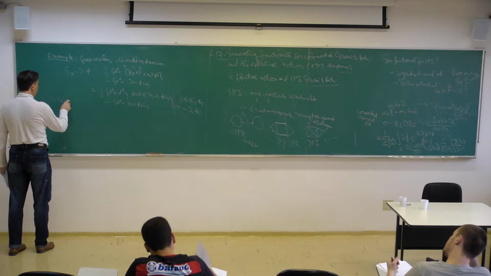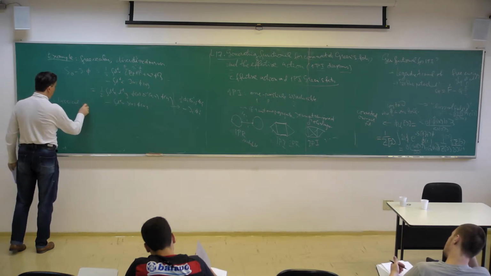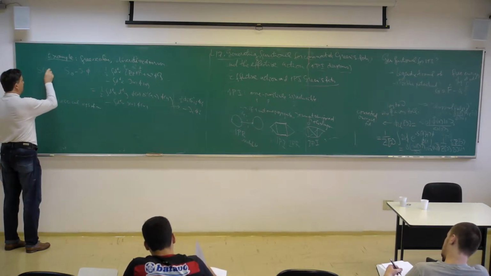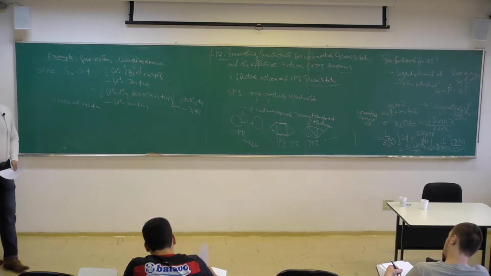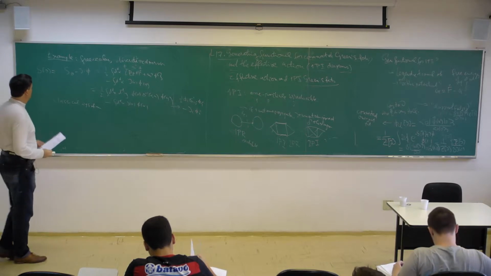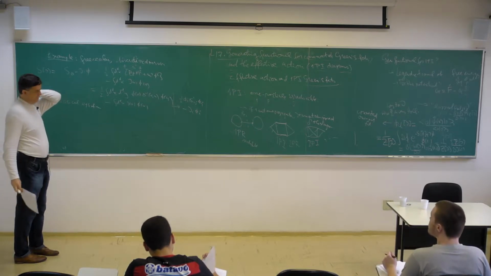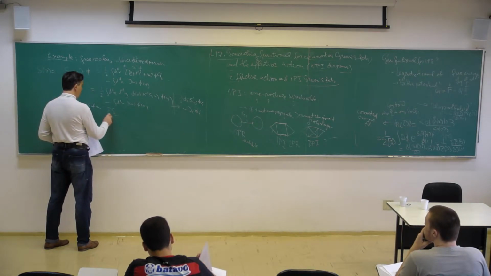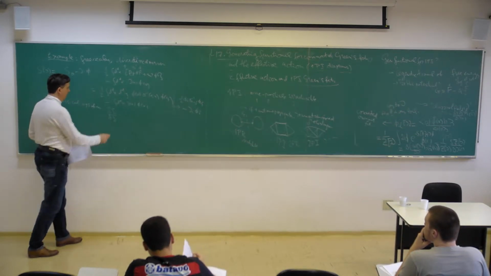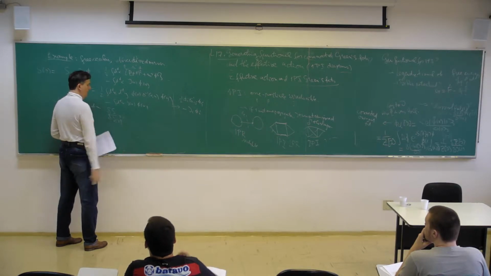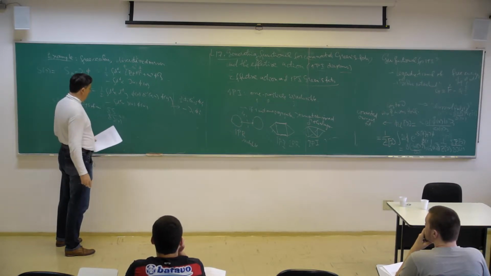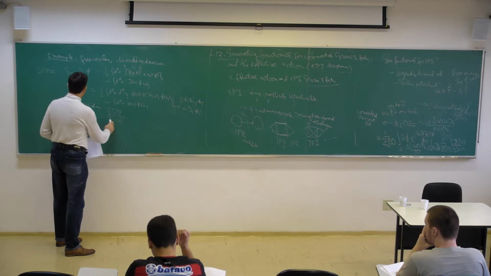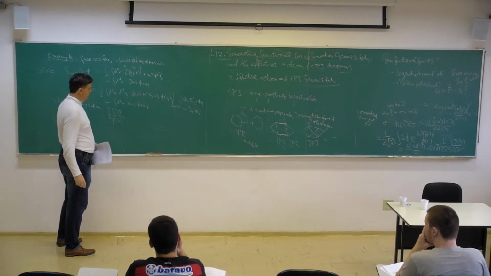So this is the action in the presence of a source, right? The Euclidean version of the action in the presence of a source J. So the classical equations of motion are given by putting the variation of the action in the presence of J with respect to phi to 0.